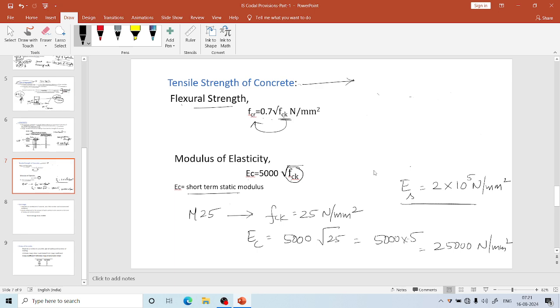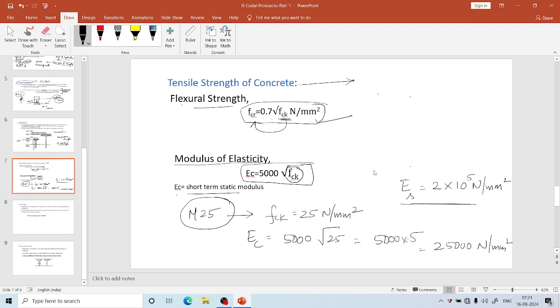If they give the grade of concrete and ask for the modulus of elasticity, this is the formula. These two formulas are very important: flexural strength, the modulus of rupture fcr equal to 0.7 root fck, and the modulus of elasticity, which is the short term modulus.